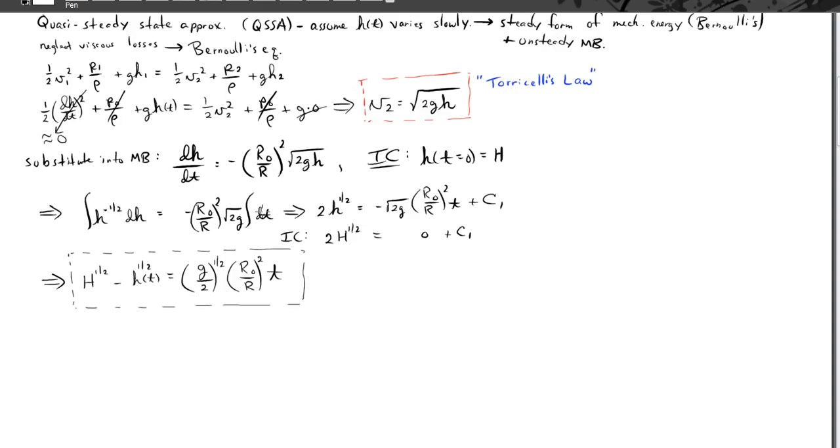Now, if we want to find the efflux time, we just simply say that h of t equals te is equal to 0.